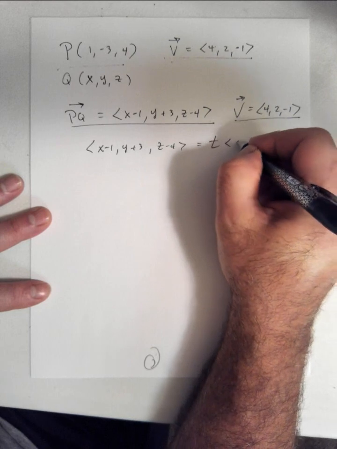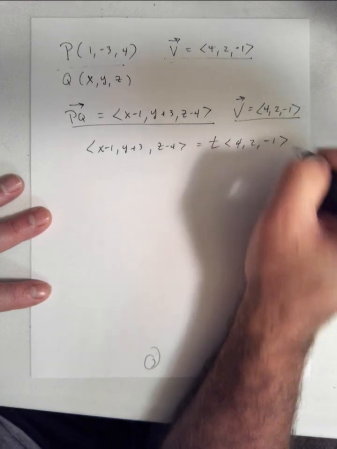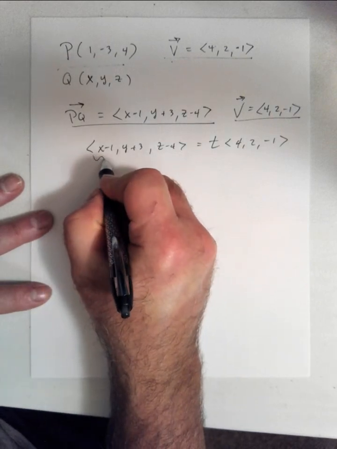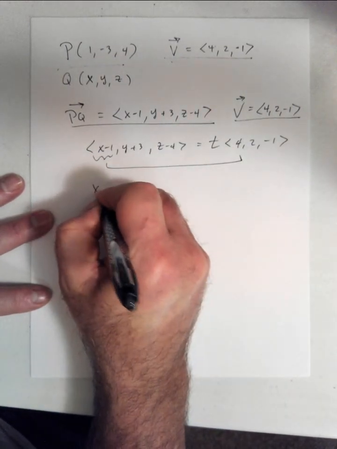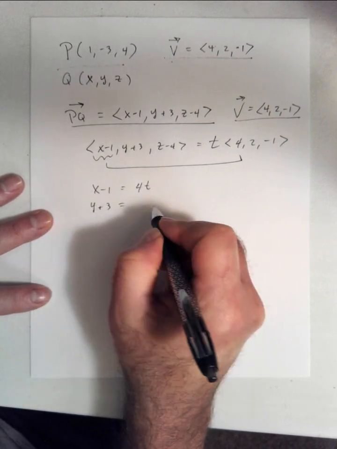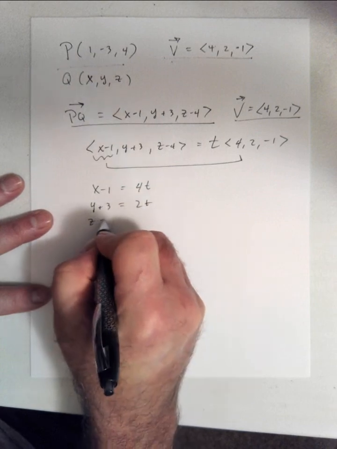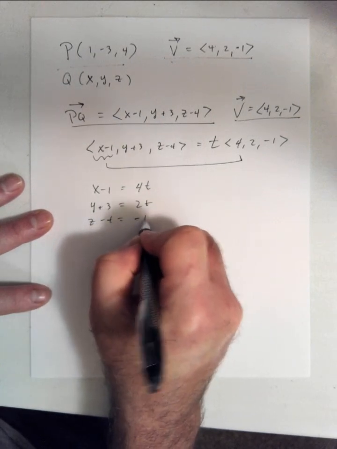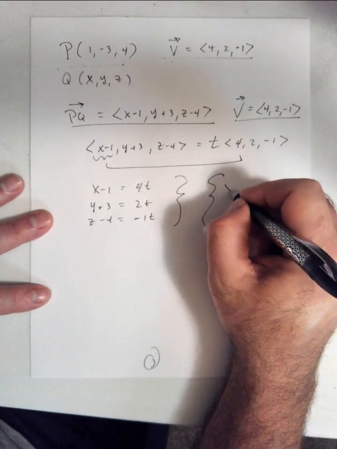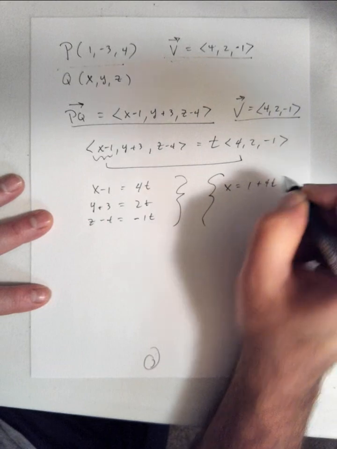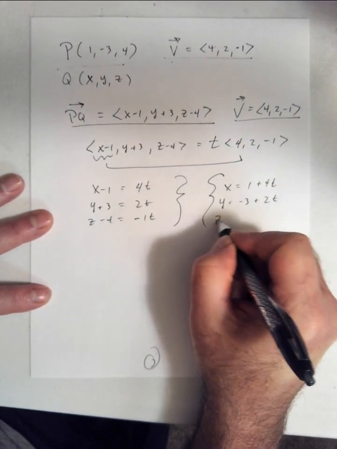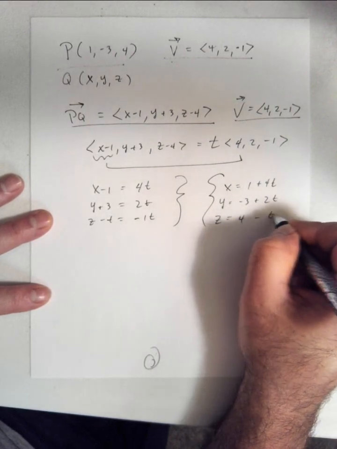We use t because it's our parameter variable of choice. There's your vector equation, which means x minus 1 has to equal 4t, y plus 3 has to equal 2t, and z minus 4 has to equal negative 1t, or in its parametric form, x equals 1 plus 4t, y equals negative 3 plus 2t, and z equals 4 minus t.